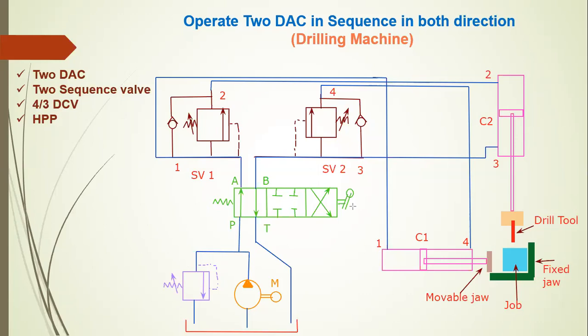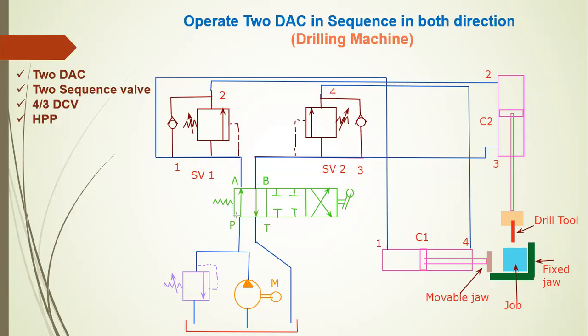If the question mentions using a pilot operated direction control valve for this circuit, here you can remove this cam operated symbol and give the pilot operated symbol on both sides of the direction control valve.